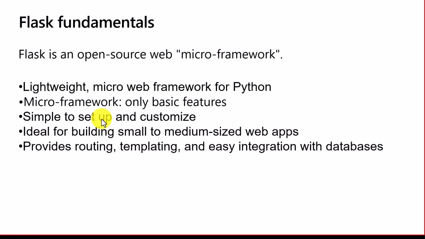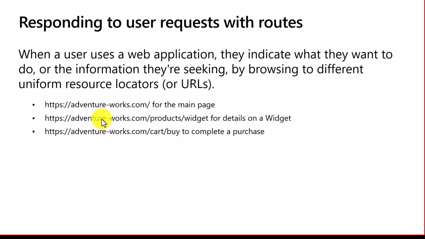So that is why we are mainly using Flask, and you can do things like routing and templating to integrate with your database or your server. We will not be using a database today, but we will be using a server. So if you go to say a website, facebook.com, you see a URL on the top of it which says facebook.com slash maybe home.